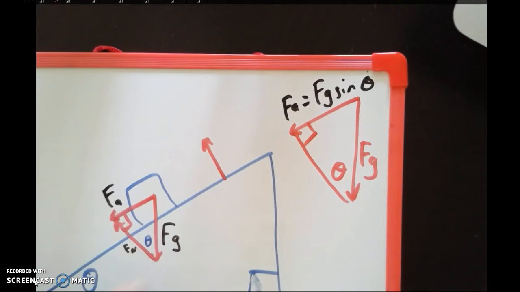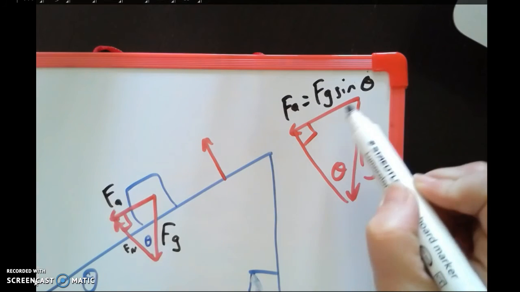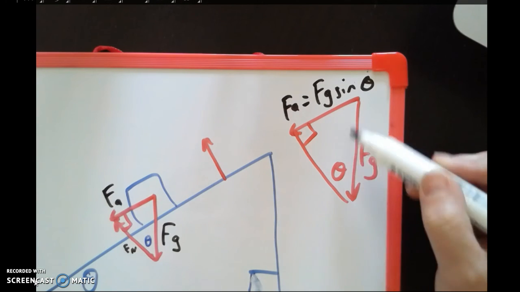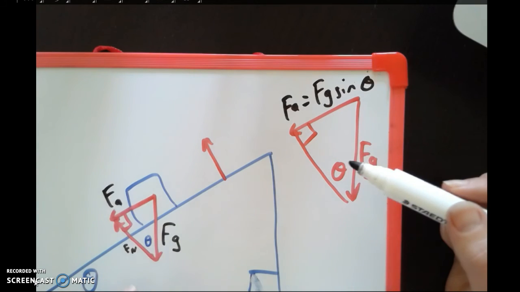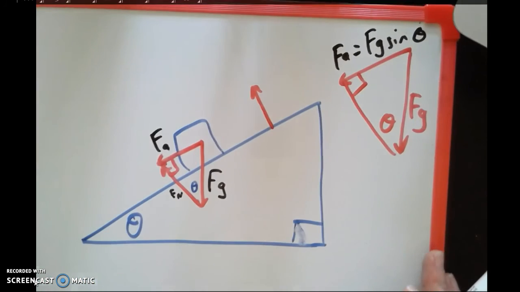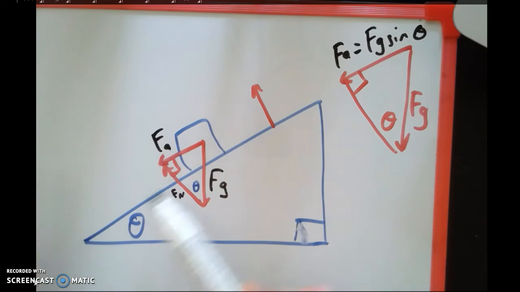And that's pretty helpful because this exact relationship, the force due to gravity times sine of the angle that the incline is making, is going to give us the force, and then if we know the mass, the acceleration of the object moving down the slope.